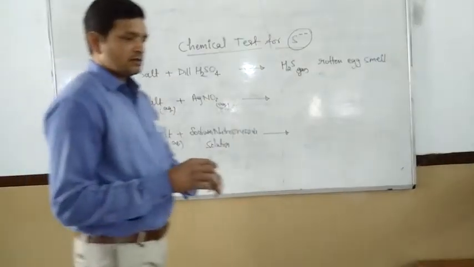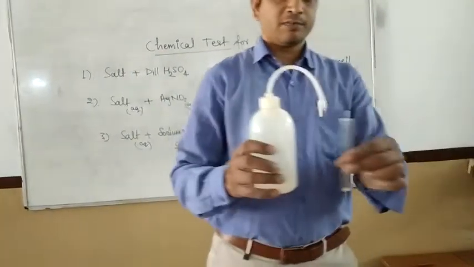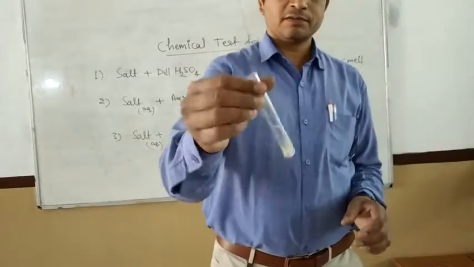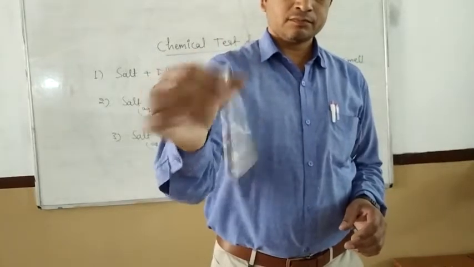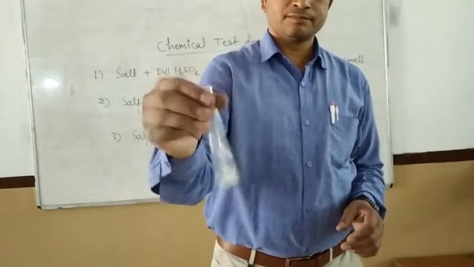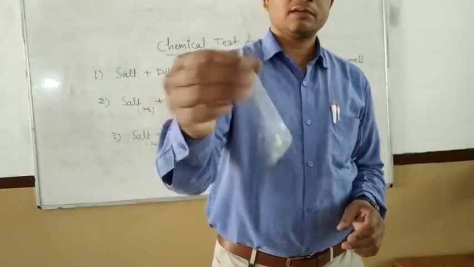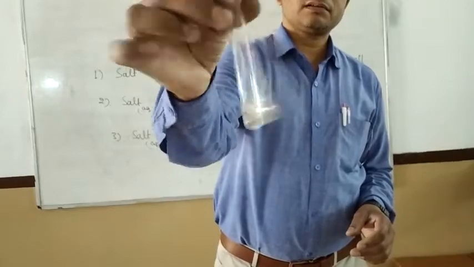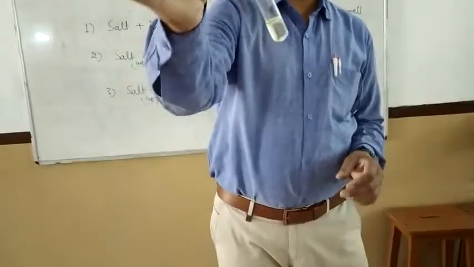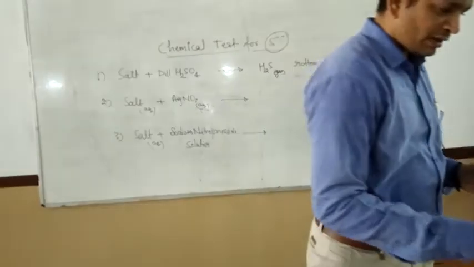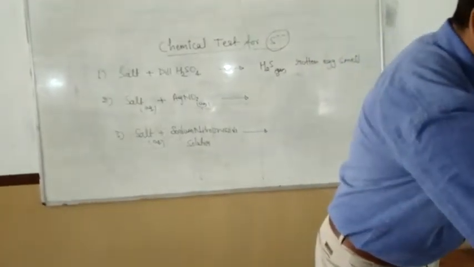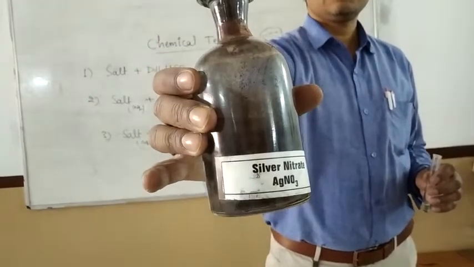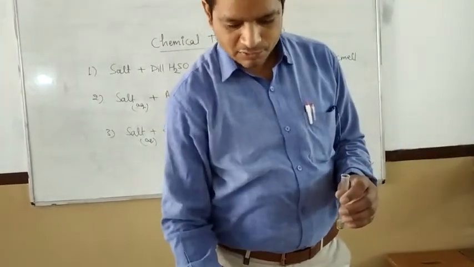It means we have to make it aqueous by adding distilled water and dissolving it. After dissolving, you can see it is still not fully dissolved, but this will give the chemical test. Now in the aqueous solution of the salt, when you add the silver nitrate solution, just see the observation.